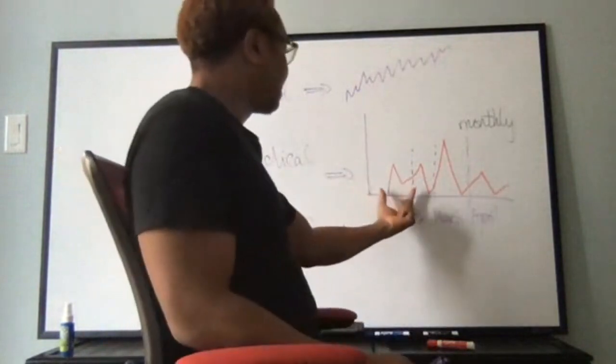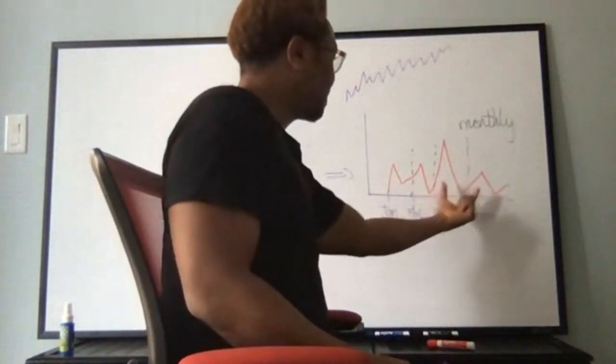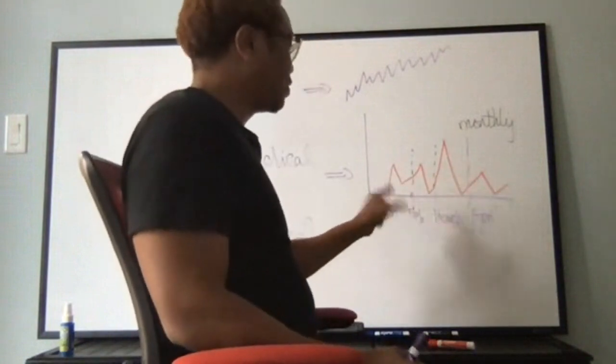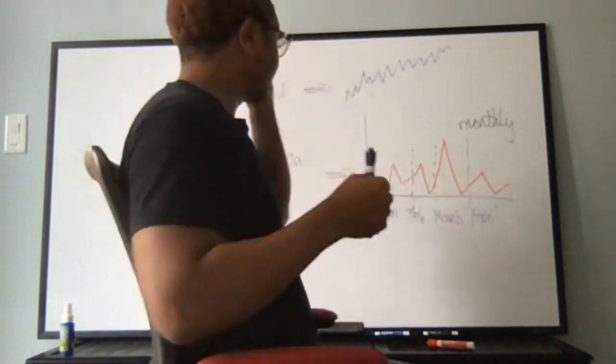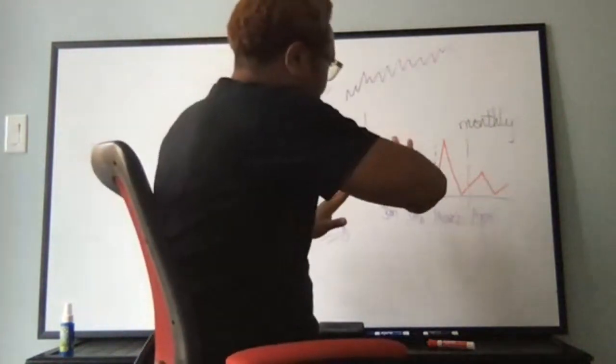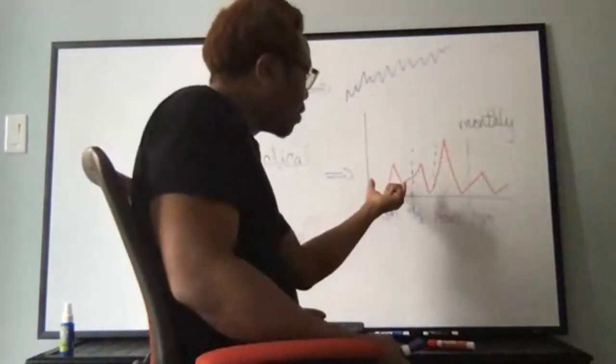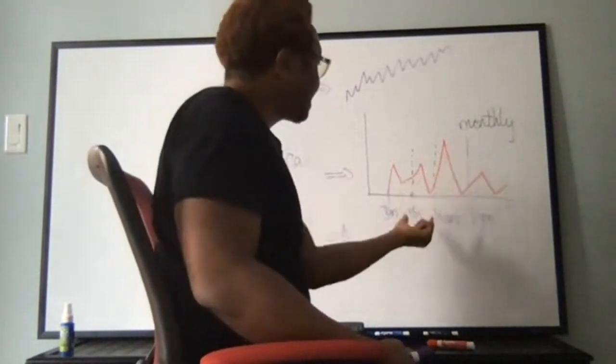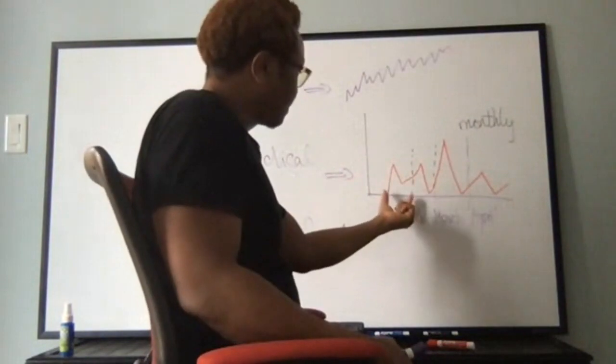You see how this cycle is monthly, there's a repeat pattern. Once I identify the cycle, I take a magnifying glass and get rid of all the other cycles and just focus on one of them. Either this one, or this one. Let's say I want to focus on this one.